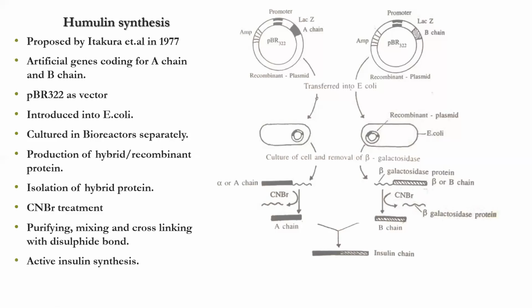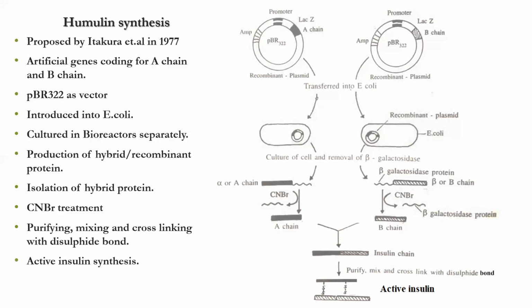Here, active insulin is produced by purification and mixing, and then allowing them to undergo disulfide bond formation. So this results in the formation of active insulin. Here, this is the A chain and this is the B chain. Between the A and B chain, there is a disulfide bond. So this is the methodology of production of artificial insulin.